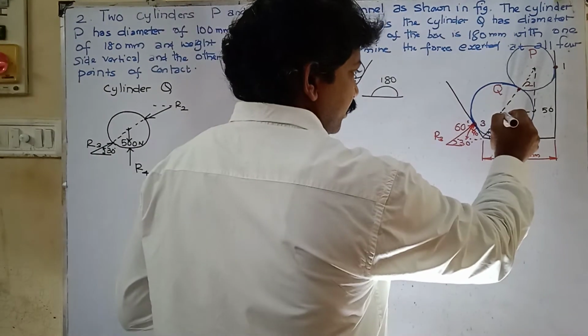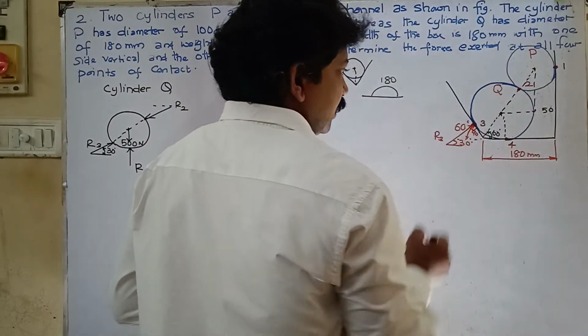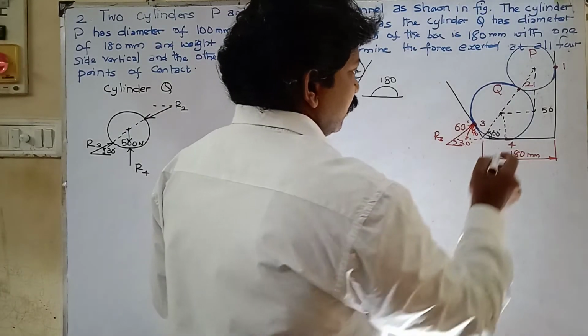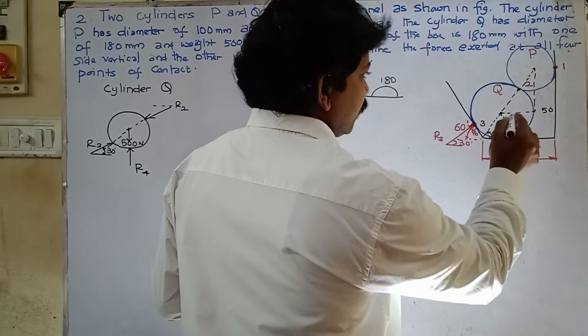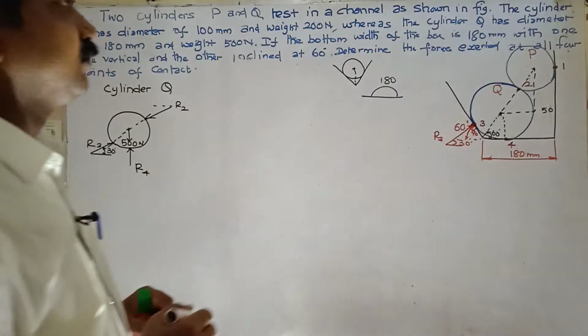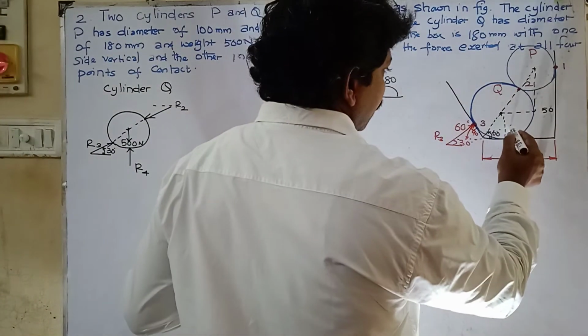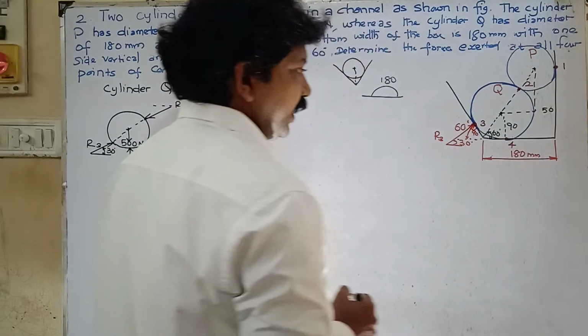Now draw a vertical line from this CG. The opposite distance is equal to the radius of Q. What is the radius of Q? Q has diameter 180, so 90. So the opposite side is 90.